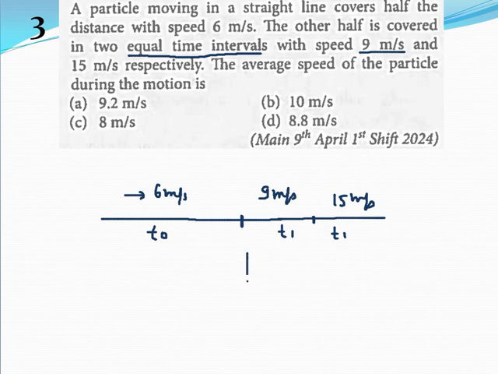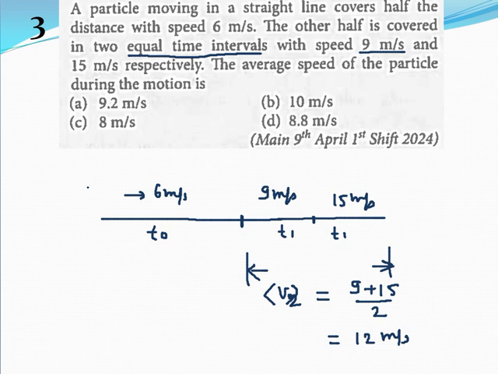For calculating the average speed for this duration, we know whenever the time intervals are equal, we simply take the arithmetic mean for the average speed v2. For the second half, the average speed v2 comes to be (9 plus 15) by 2, which is 24 by 2, that is 12 meter per second. And this is the speed given for the first half of the journey.